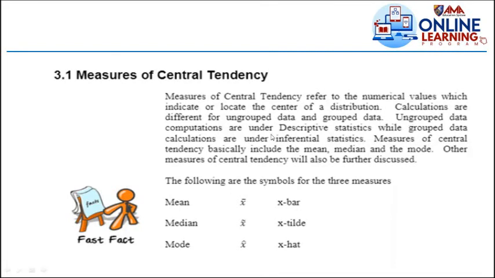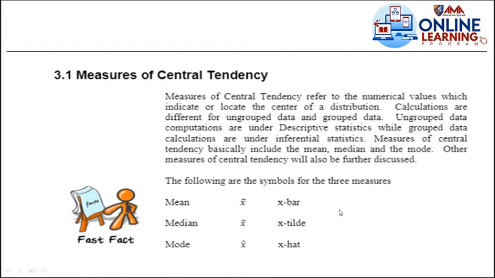Ungrouped data computations are under descriptive statistics, while grouped data calculations are under inferential statistics. Measures of central tendency basically include the mean, median, and the mode. Other measures of central tendency will also be further discussed.